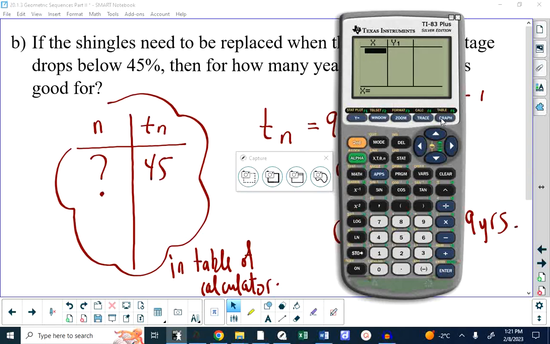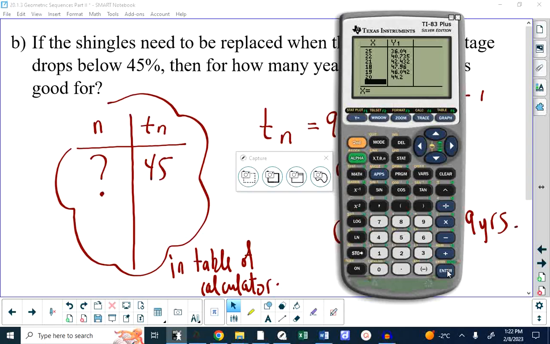Go to your table and say, well, I don't know, are they good for 25 years? Definitely not. What about 22 years? No. 21 years? No. 18? Yes. What about 19? Yes. What about 20? No. The ask thing means you're allowed to input different values of n or x.